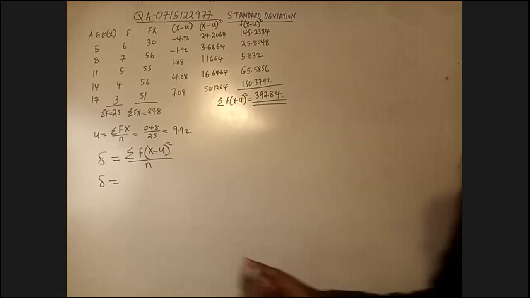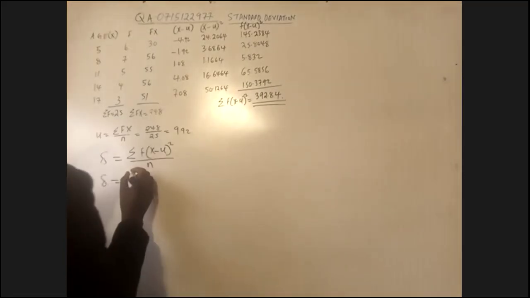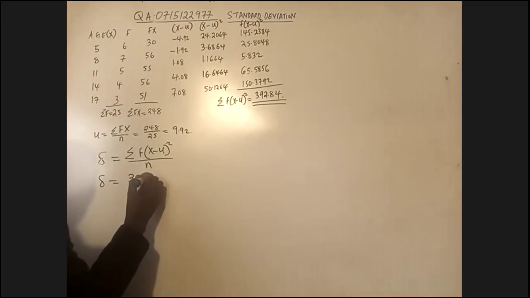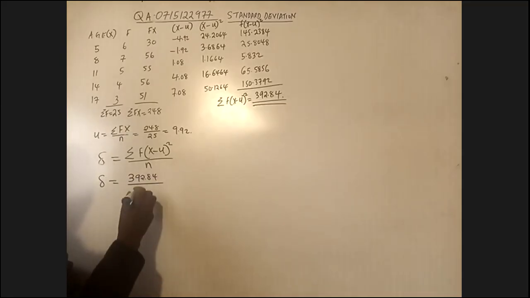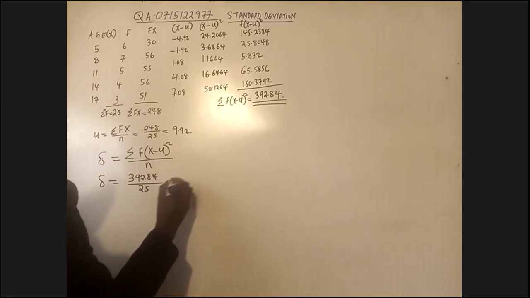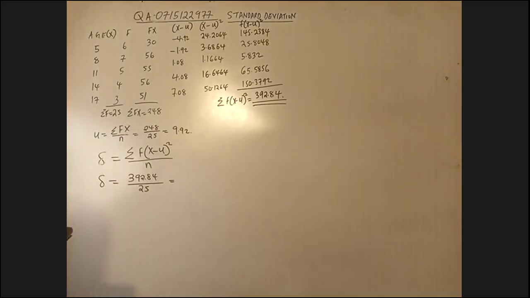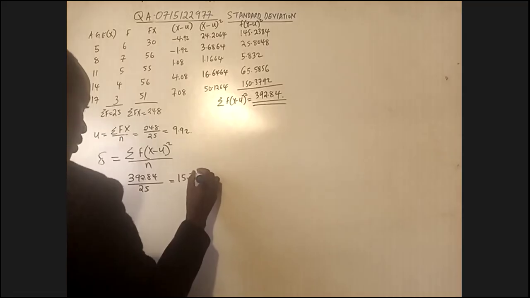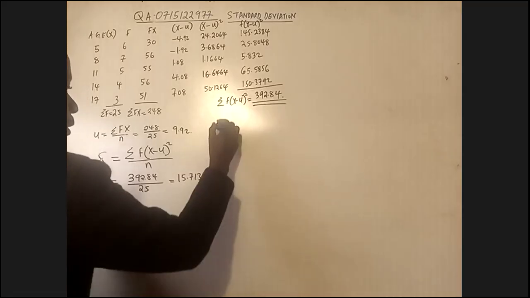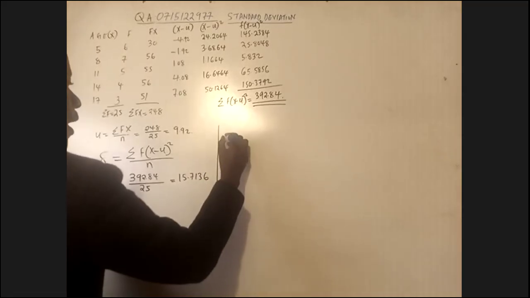Our variance will be 392.84 divided by 25, which is 15.7136. Okay.